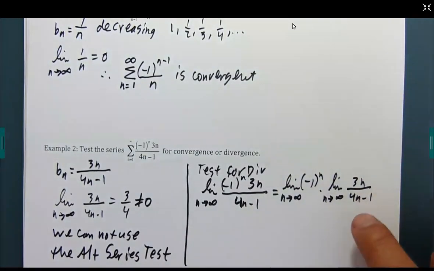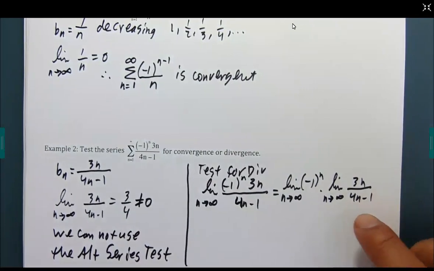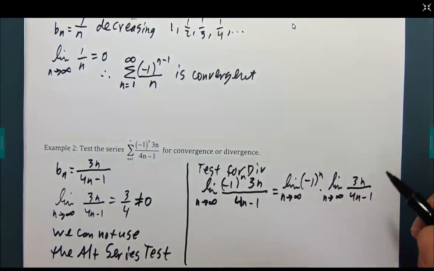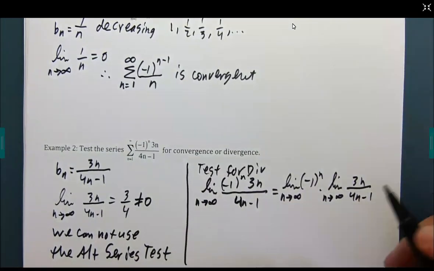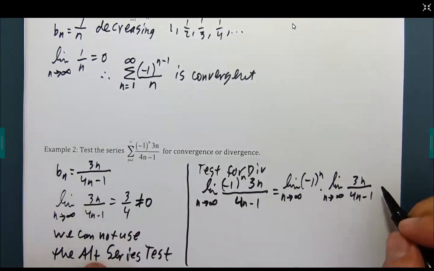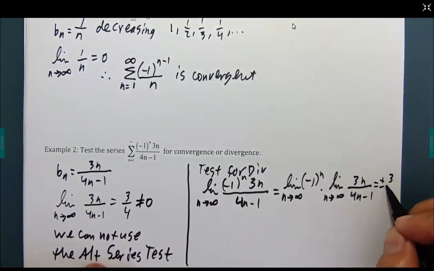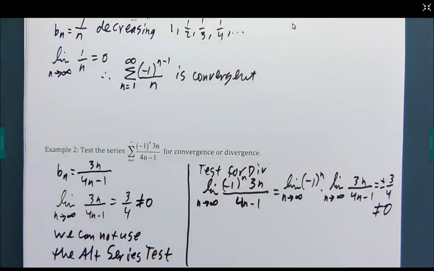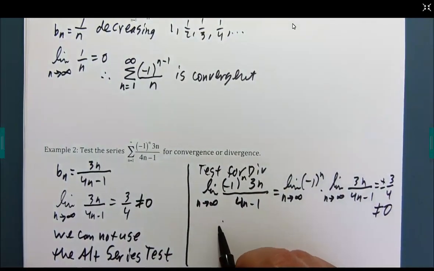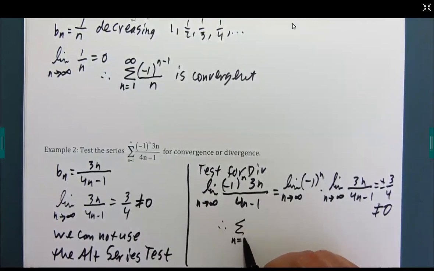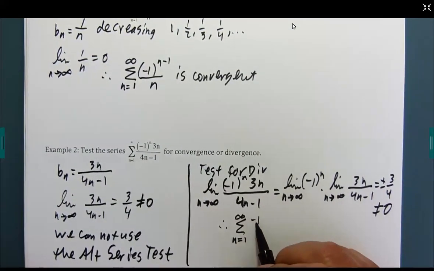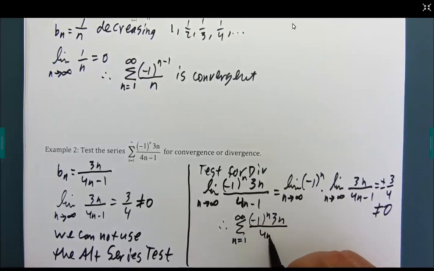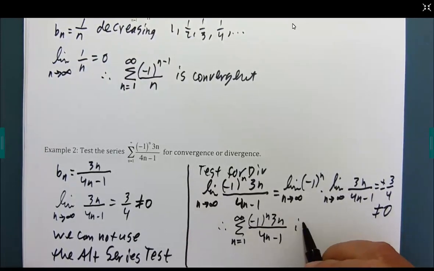And unless this limit goes to 0, this part will never go to 0. And this limit we know goes to 3/4, right? So this limit actually becomes plus or minus 3/4. And the point is, it's not 0, which means it fails the test for divergence. Therefore, the series is divergent.